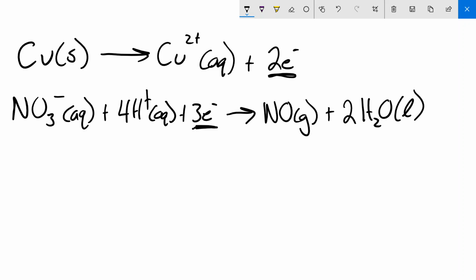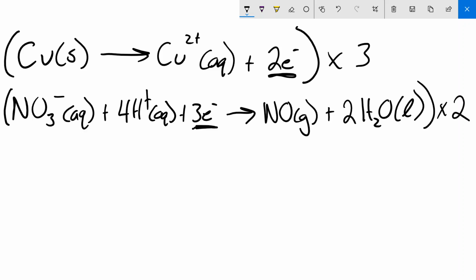Now, between 2 and 3, that means that we need to get to 6, right? That's what they share in common. And so that means for the top reaction, we're going to multiply it by 3. And then for the reduction half reaction, I need to multiply it by 2. Now, when I do that, we would then get the following half reactions.